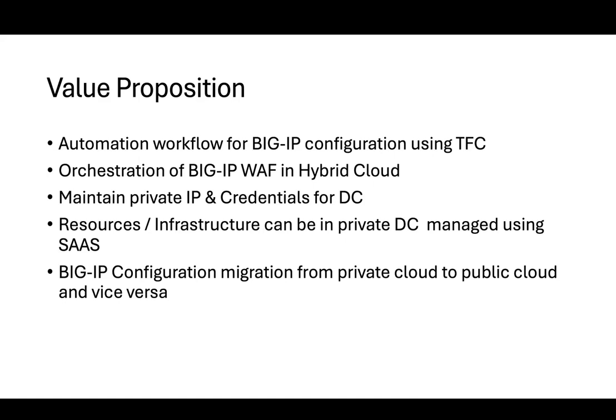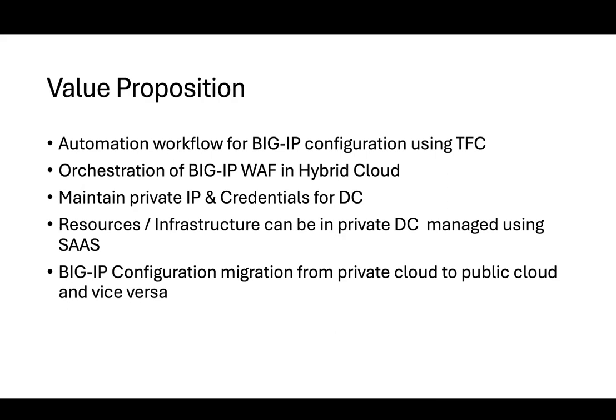Let's say you are deploying 200 objects, or apps, on BIG-IP. You might need 1,000 things to be configured on the BIG-IP for those applications to be deployed. If you have a GitHub with all the configuration ready, you can automate the workflow very easily.